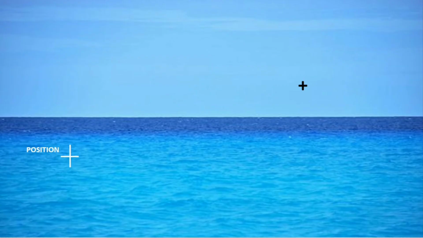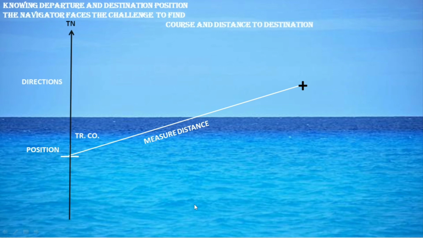Now that we have finished up with what positions are, how to go about measuring our distances, what the courses with directions are. Now the problem starts off with finding out the course and distances from our departure to our destination.